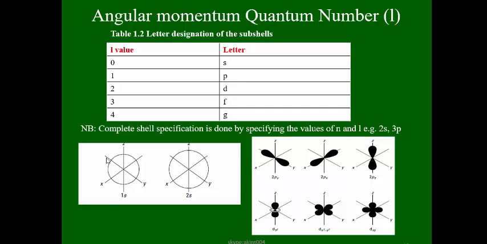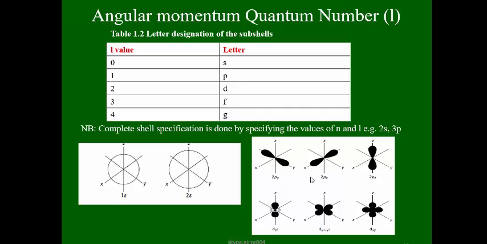If we nestle this 1s into 2s, we are going to see that this one is smaller than this. 1s is smaller than 2s. It means that the energy of this one is less than the energy of the 2s, and the distance of the 2s is greater than the distance of the 1s. They have the same shape, spherical shape. S stands for spherical.